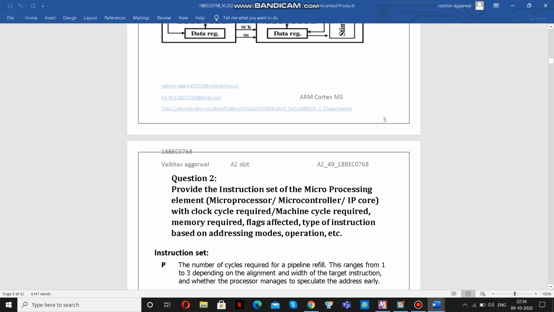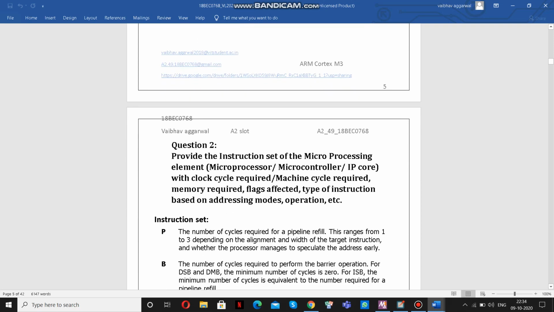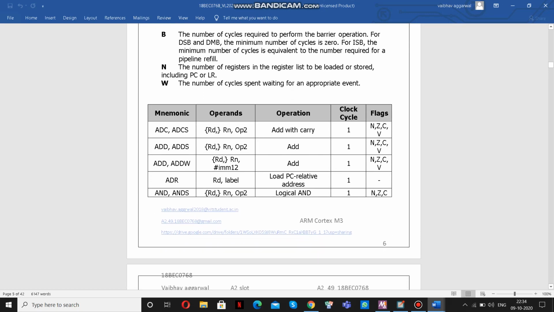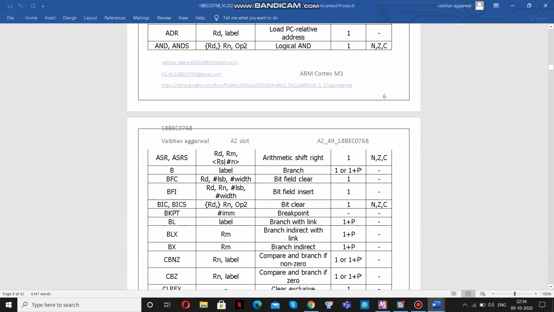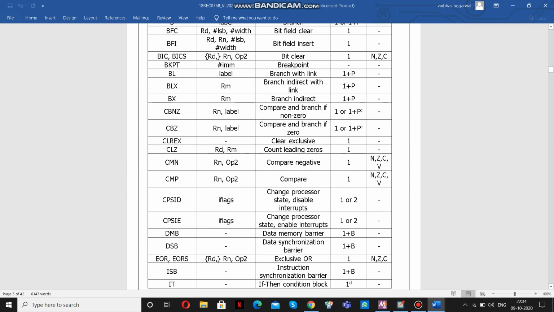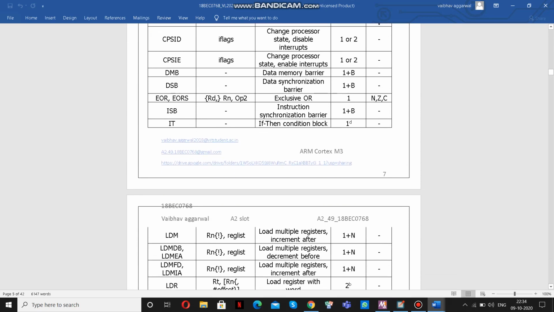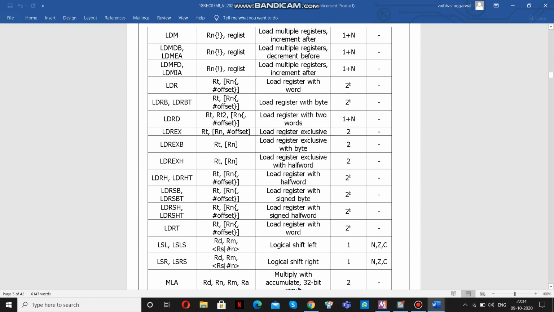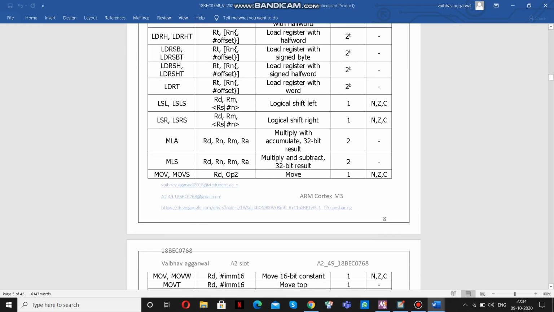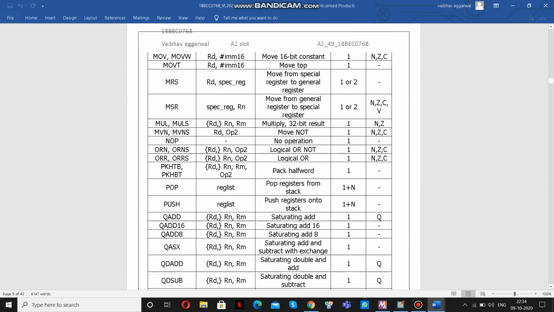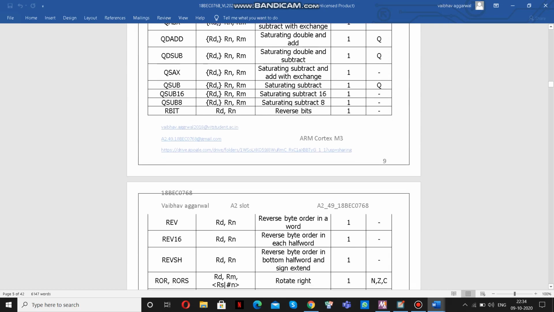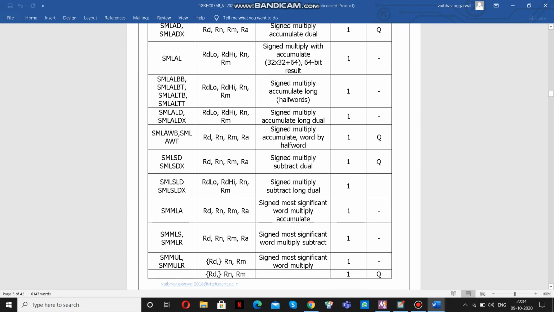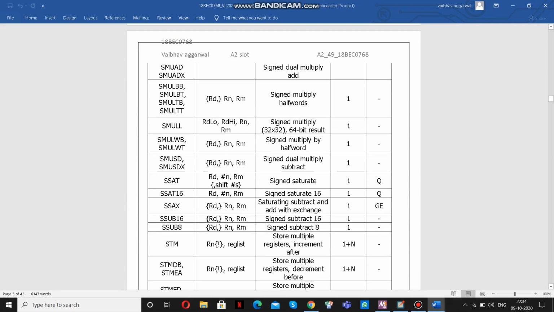Now the instruction set is as follows. It's a pretty big instruction set.